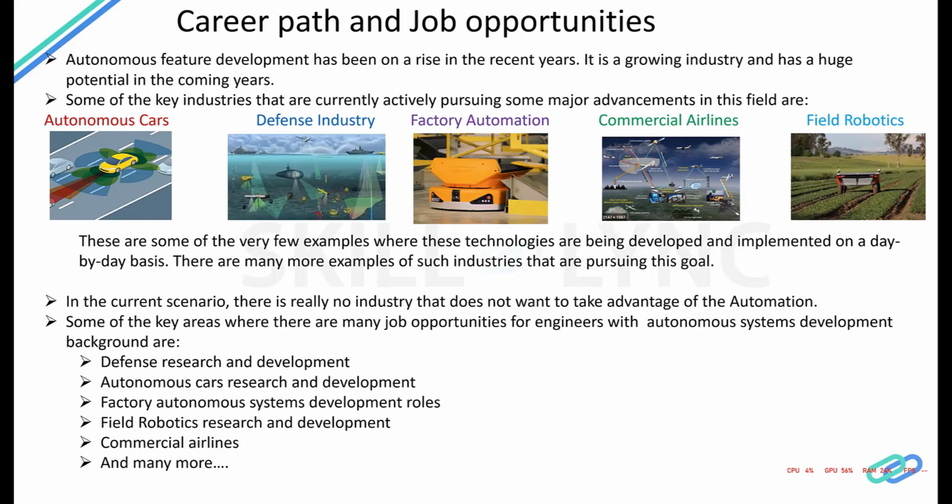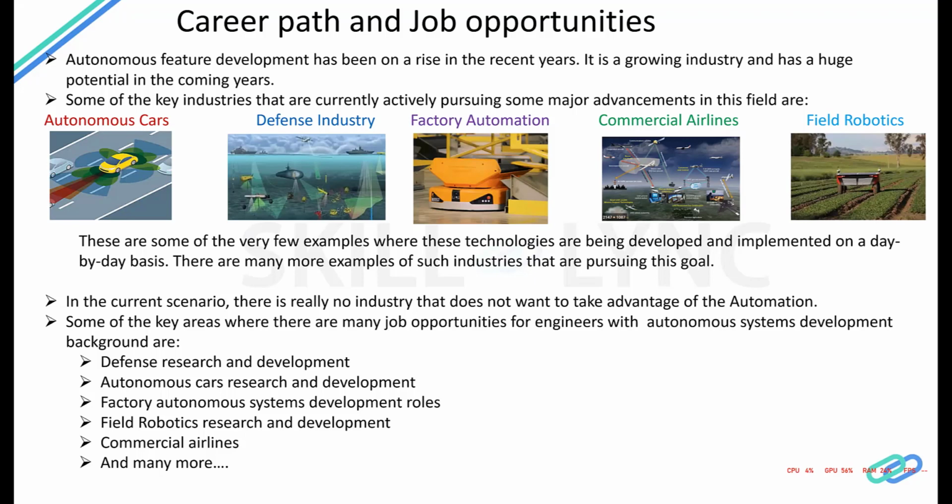So that's one example. And then the defense industry, of course, you have your drones, your fighter aircraft that are having more awareness by themselves, and then you have your submarines, underwater unmanned vehicles, all of these different things. It's interesting, and all of these use autonomous systems.